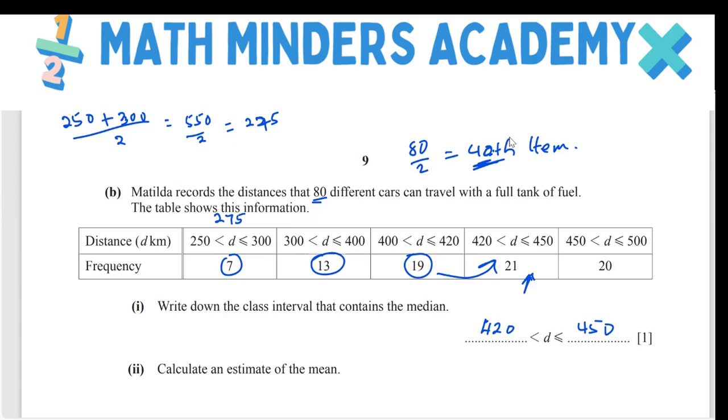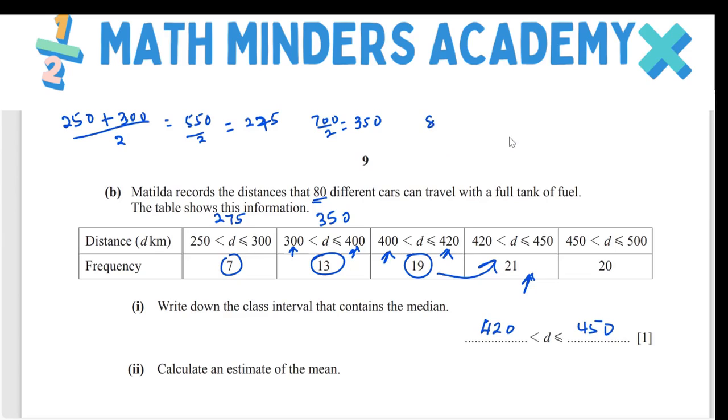Now here, if we add 300 and 400, we get 700, and we divide by 2, that gives us 350. So this is 350. Here, 400 plus 420 gives us 820. If you divide 820 by 2, that gives us 410.